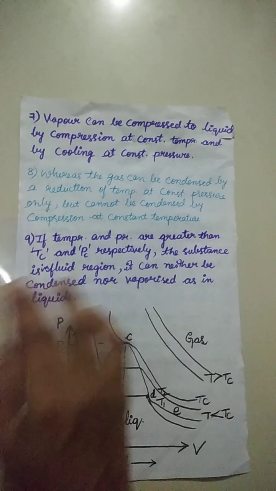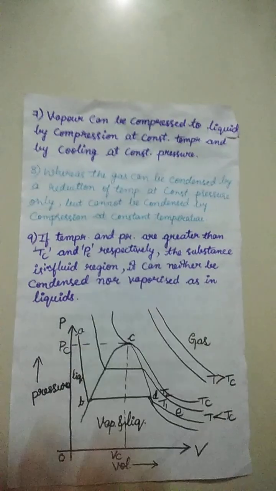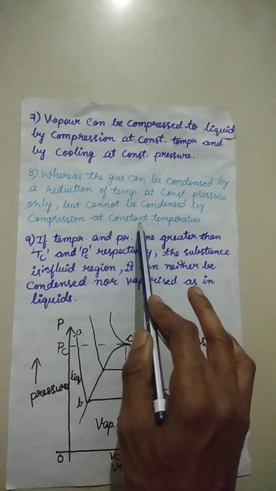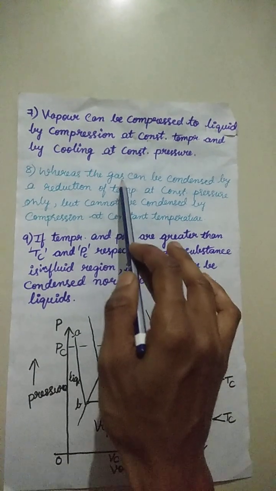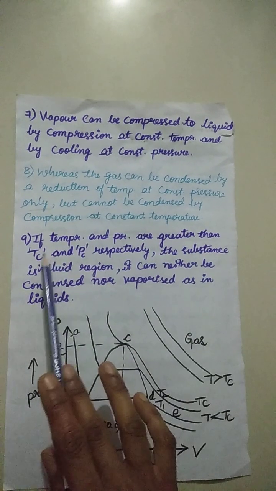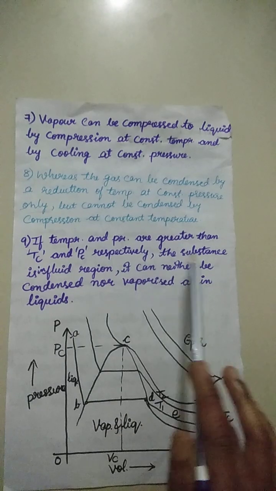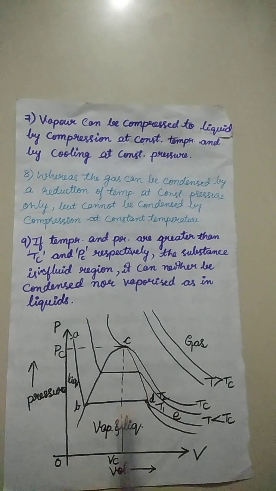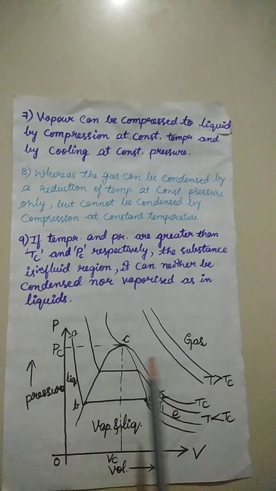Only by this method can we condense the gas, but we cannot compress it at constant temperature. If the temperature and pressure are greater than TC and PC respectively, the substance is in the fluid region. It can neither be condensed nor vaporized into liquid form.